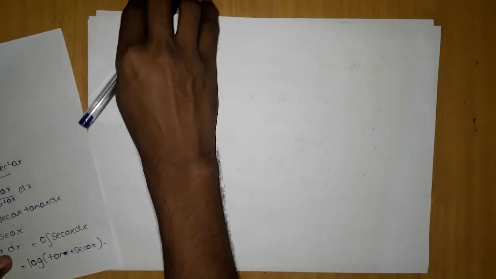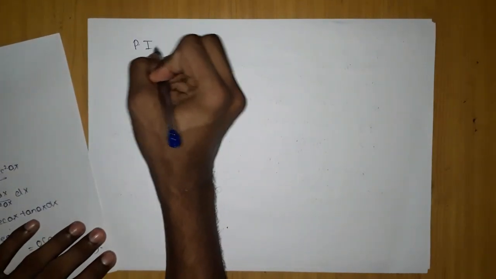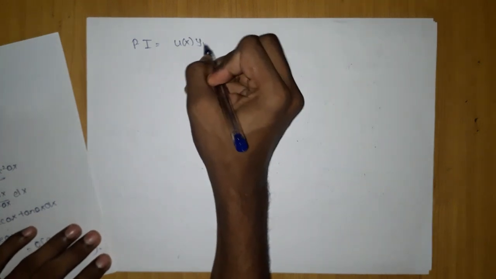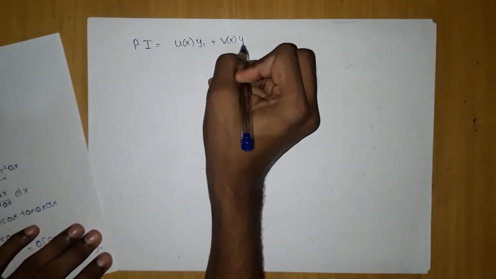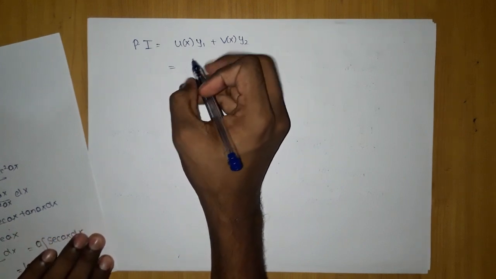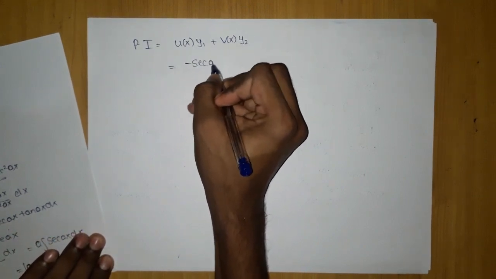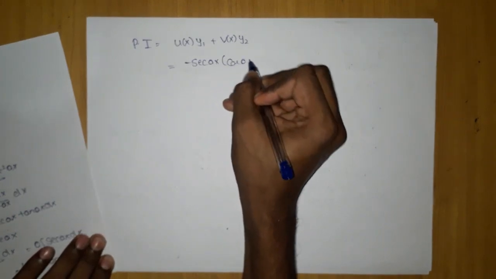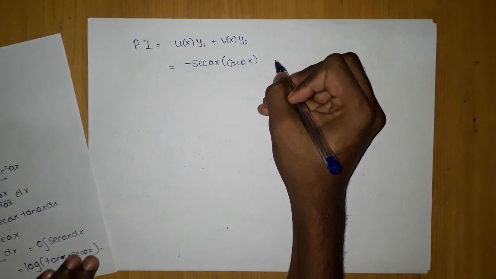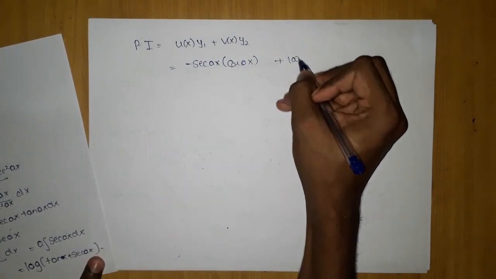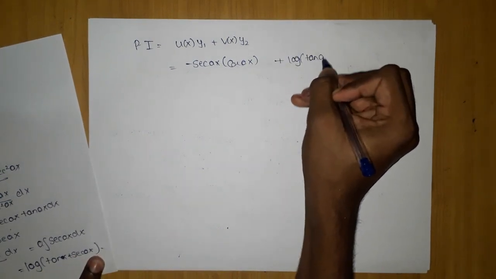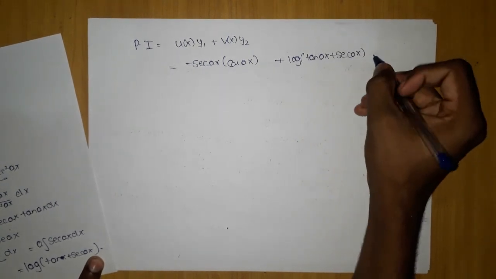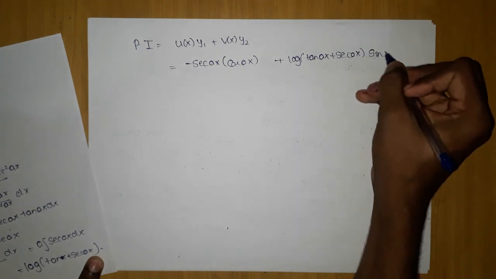Now we are going to write the particular integral, which will be a combination of u of x into y1 plus v of x into y2. So if I try to get the answer, minus sec ax into y1, which is cos ax, and v of x, which is log of tan ax plus sec ax, into y2, which is sin ax.